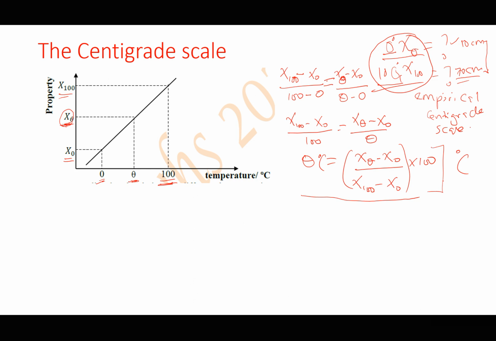But remember, we have assumed that the thermometric property varies linearly with the temperature. We have just assumed. It is not always the case. Because we just assume that the thermometric property varies linearly with the temperature, yet it is not always the case, then there would always be a variation in the values of temperature measured.